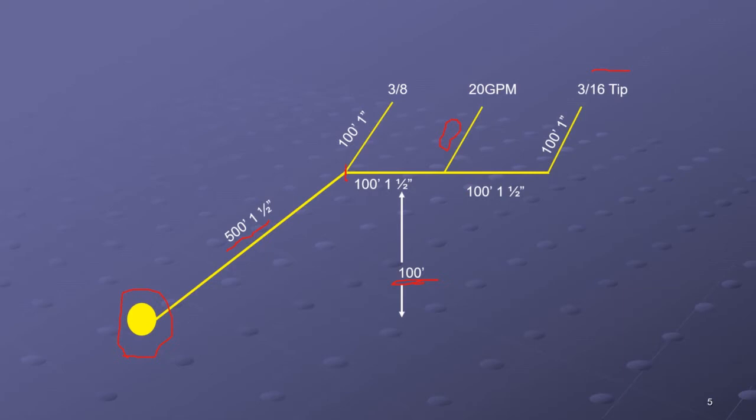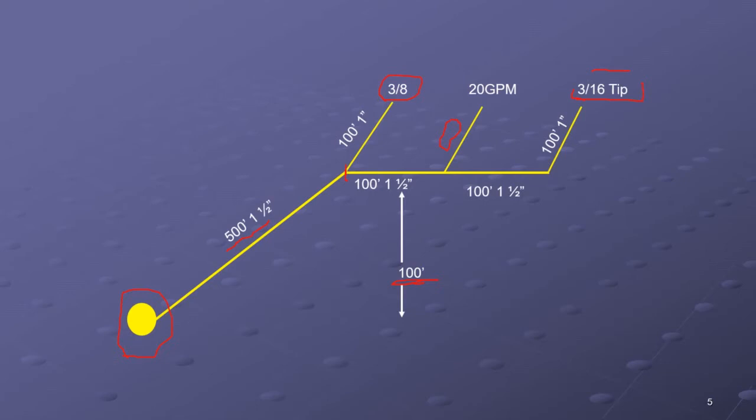Nozzles. So the tip is written as a tip or a fraction. So right here it says 3/16 tip. Well, we know that's a tip, and we know what size it is. And over here it's just 3/8, because if it's a fraction, it's going to be a tip.